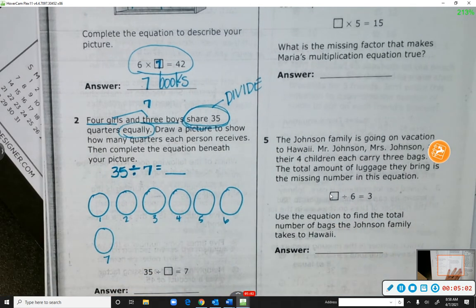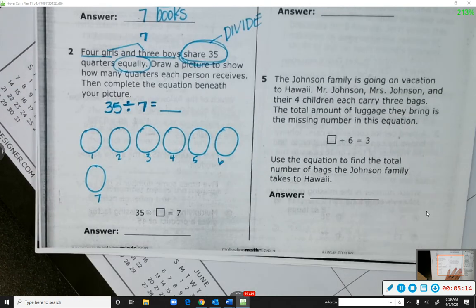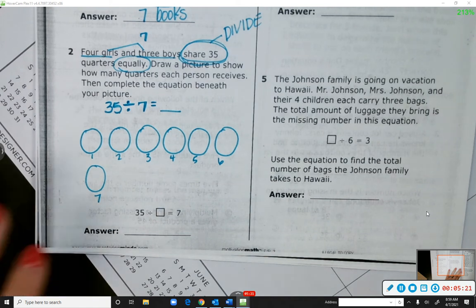So these problems are going to take you a little longer to show, but that's okay. We've got to take our time and just work through it, okay? So what would I do now with my circles? You would put the things in there until you get to 35. Yes, keep going until you get to 35.